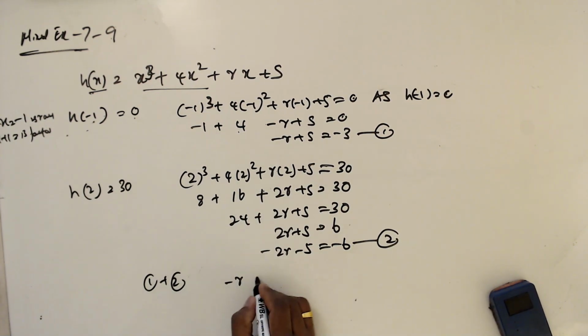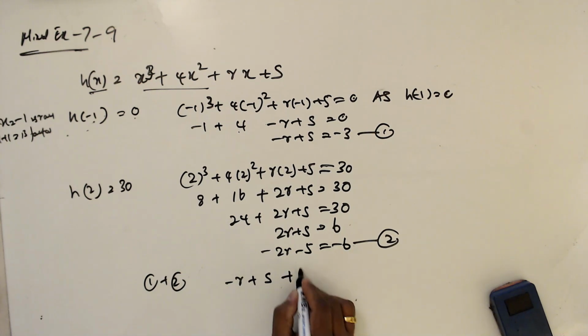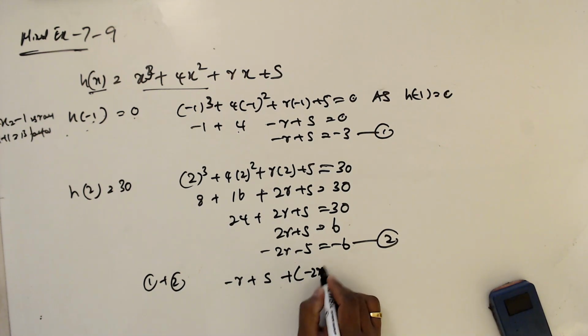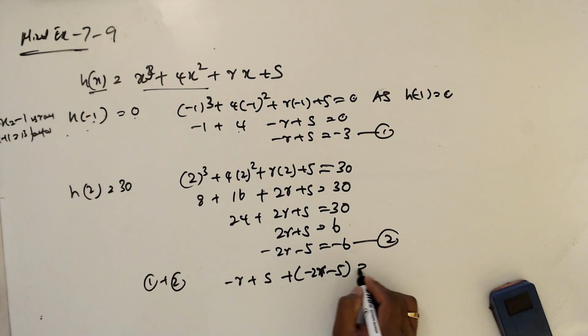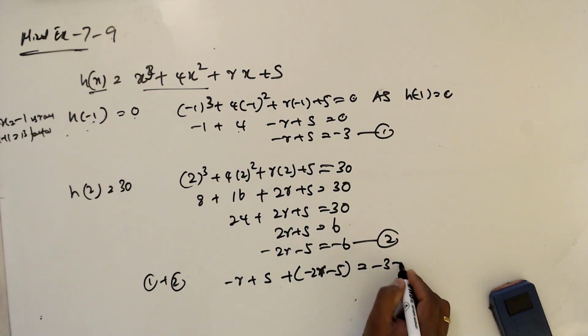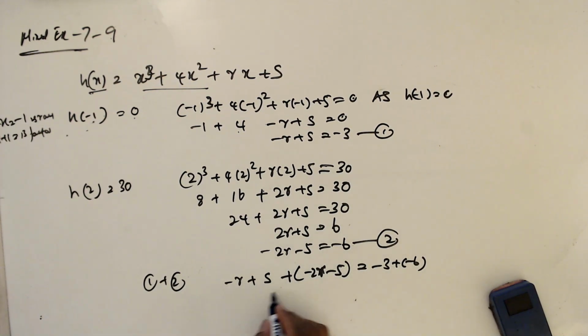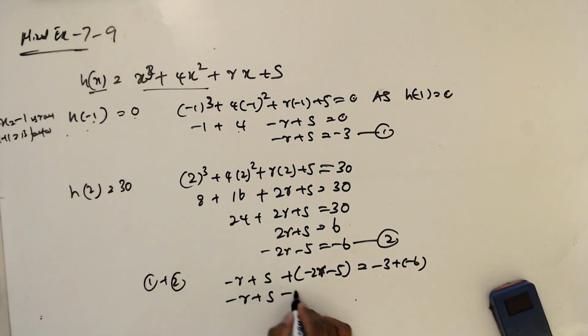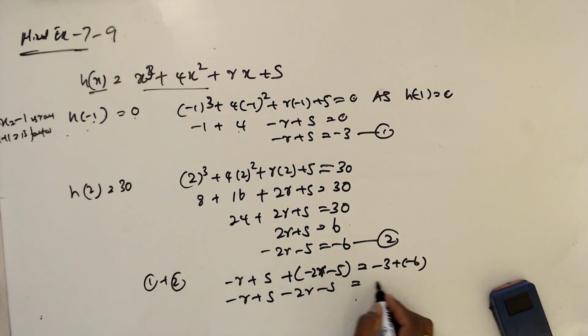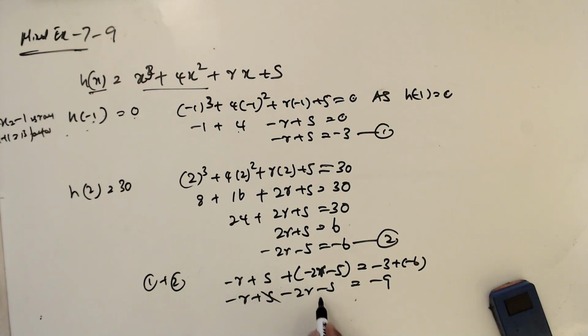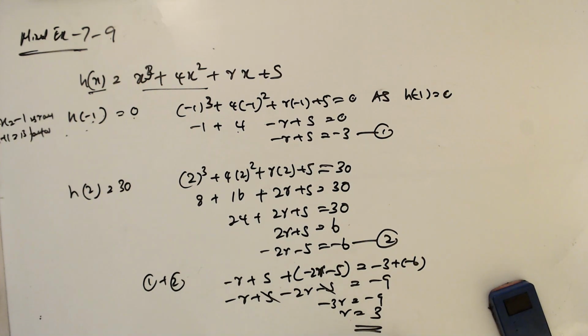So the left side is minus r plus s, then you want to add minus 2r minus s equals minus 3 plus minus 6. So minus r plus s minus 2r minus s equals minus 9. So minus s plus s cancel out. Minus 3r equals minus 9, r equals 3.